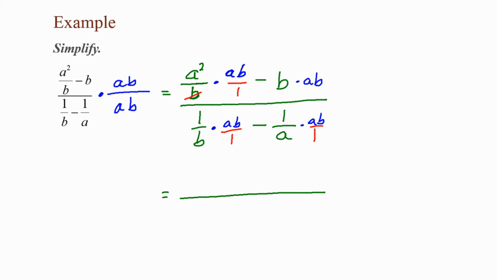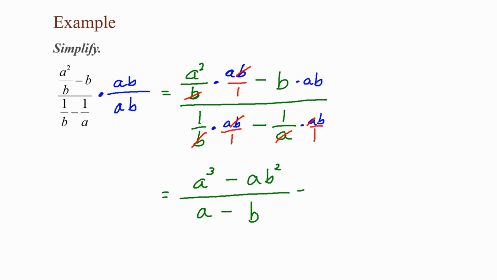The b's cancel. a squared times a is a to the third minus b times ab is ab squared. For my denominator, I have 1 over b times ab. The b's cancel, and 1 times a is a minus, I have 1 over a times ab. The a's cancel, and 1 times b is b.